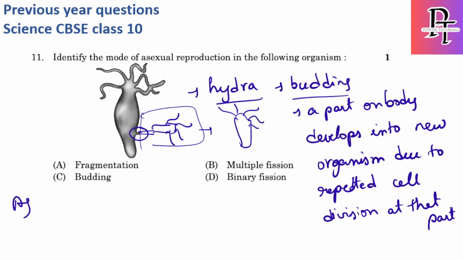So due to repeated cell division, a bud will be created at this part, and that will grow into a full organism, and after the full organism is created, it will get separated out. This way the organism is not divided, it remains the same, but the part of it will be separated out as a new organism. So that is asexual reproduction in Hydra.